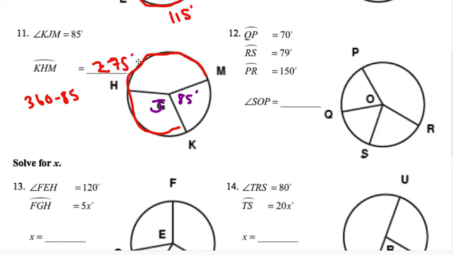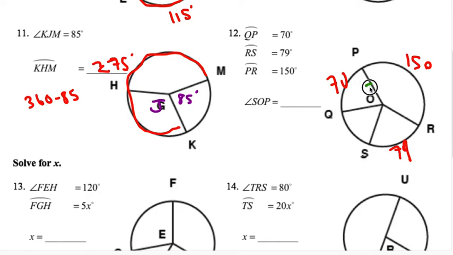Okay, so QP is 70, RS is 79, and PR is 150. Now I'm going to go out on a limb and kind of arbitrarily say that we're going to need to know the rest of this. Let's see if I'm right.